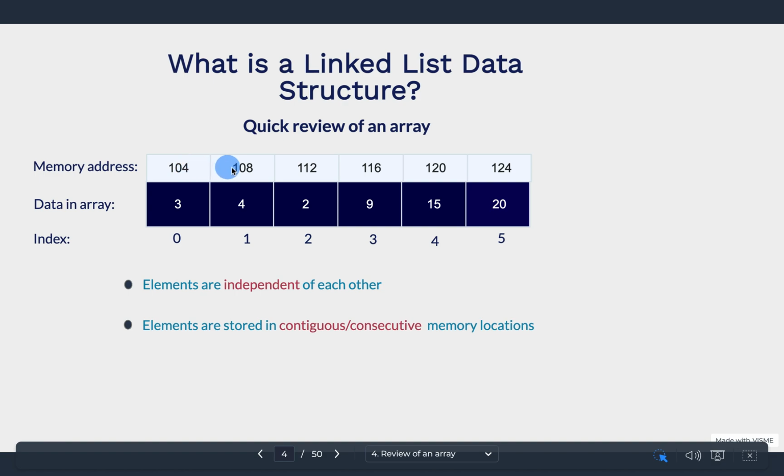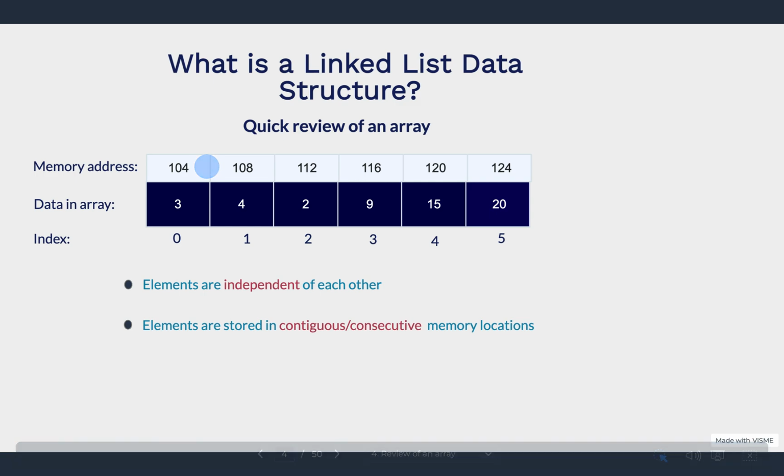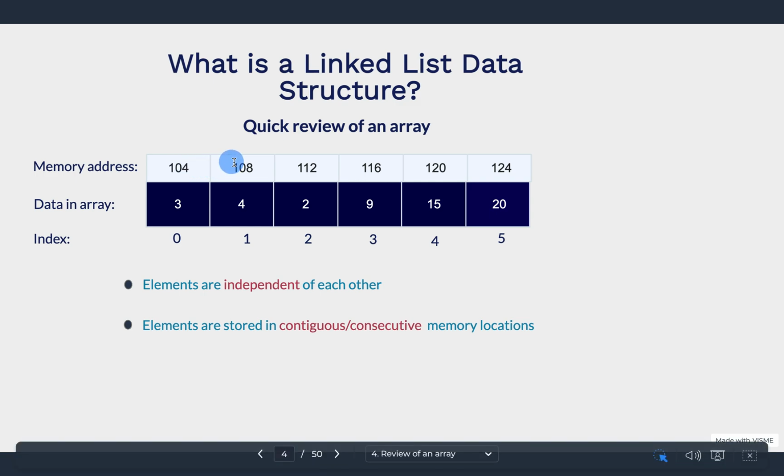So 104 to 108 is 4, 108 to 112 is 4, 112 to 116 is 4. Okay, so you can see that the differences between the addresses is constant. I'm actually assuming each integer is taking 4 bytes, so just take the difference of 4 as 4 bytes.